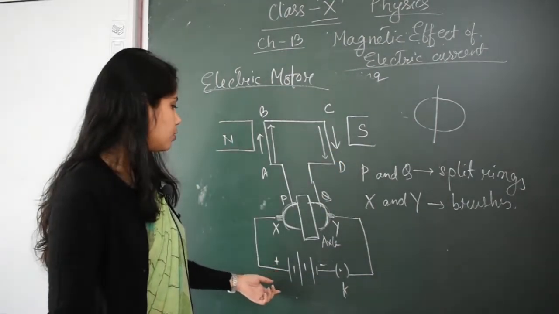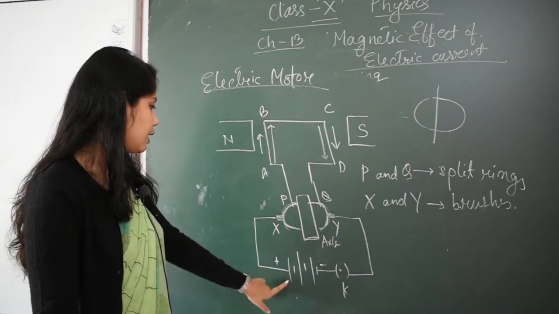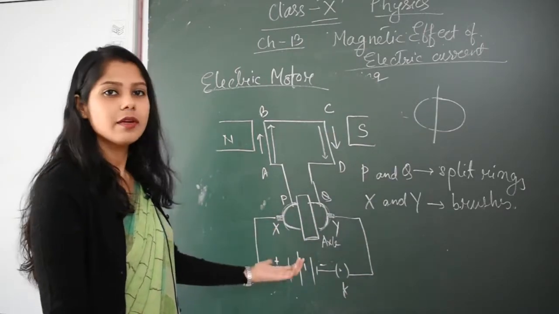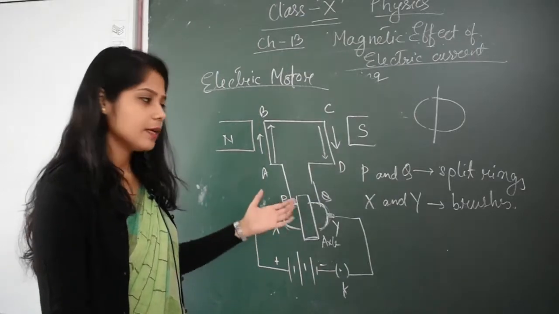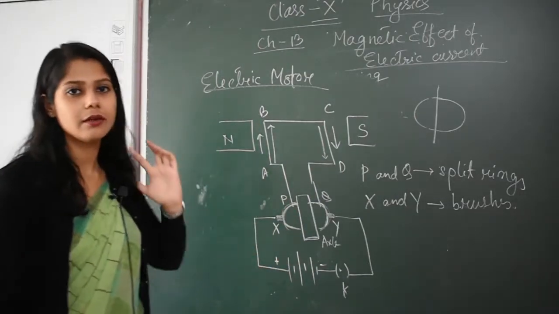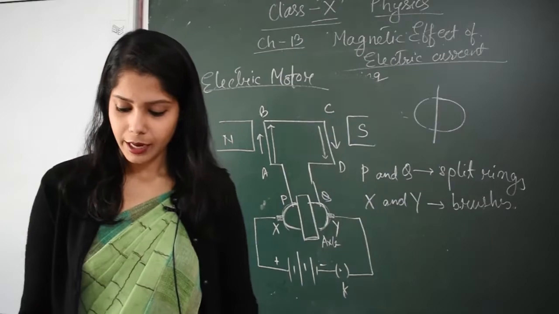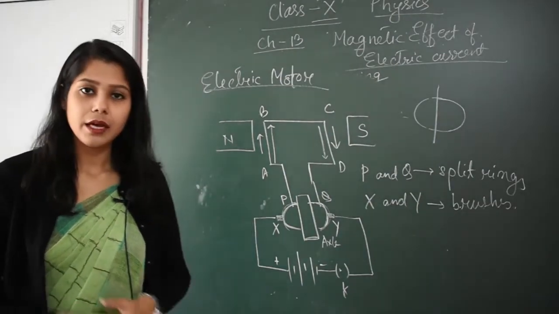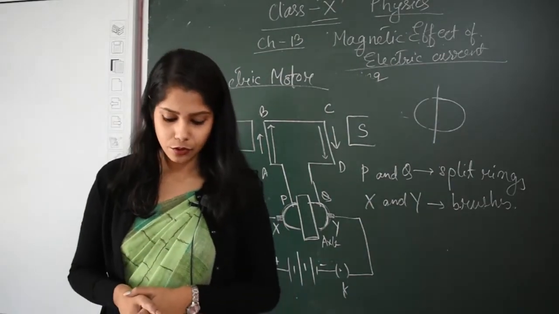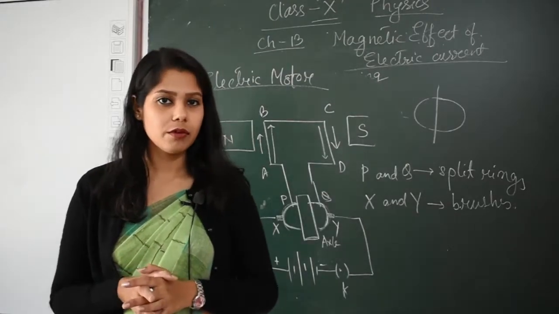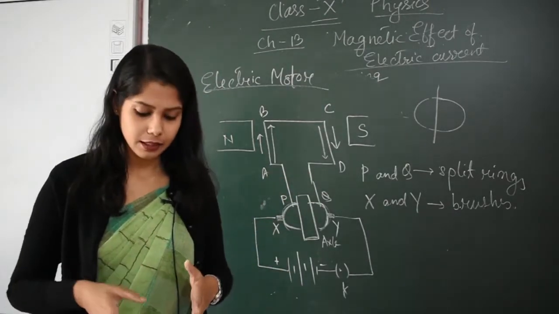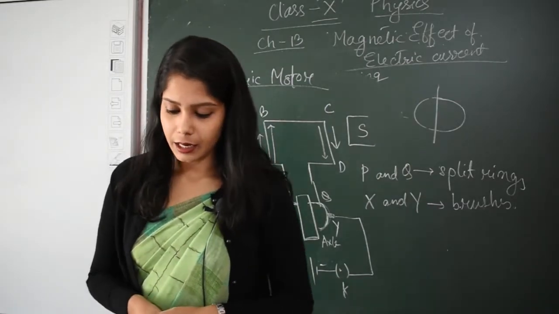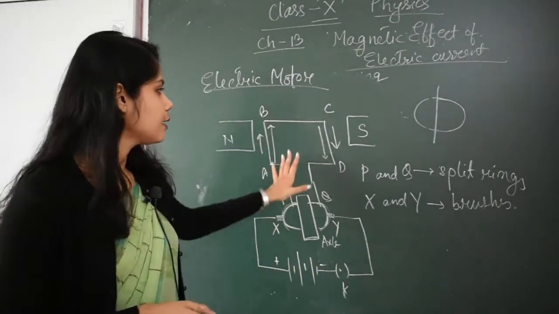If I start the source battery from X to Y, and if I reverse the polarity of this battery, then it will go from Y to X, but I am starting from X to Y. Generally motors start like that. So what happens if I apply Fleming's left hand rule for the direction of force? There should be a force to rotate this device on the current carrying conductor in this magnetic field.